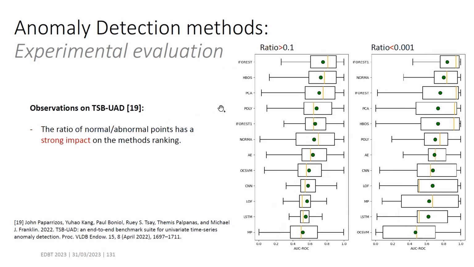Then we can also look at the difference between the ratios. Let's measure the difference between time series that have less than 0.001 anomaly ratio, and above 0.1, so above 10% of anomalies. Here also there is a big difference in the rank. You see that, for instance, Norma is ranked 2 for a very low ratio, and Norma is ranked lower here.